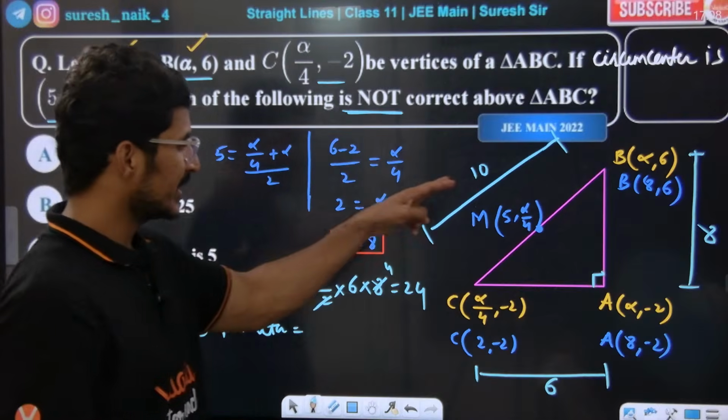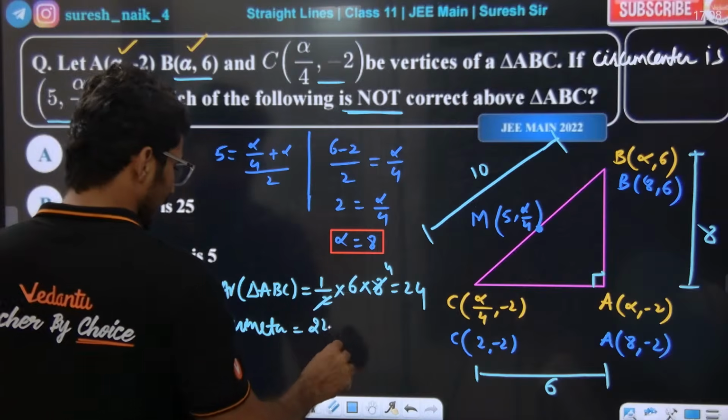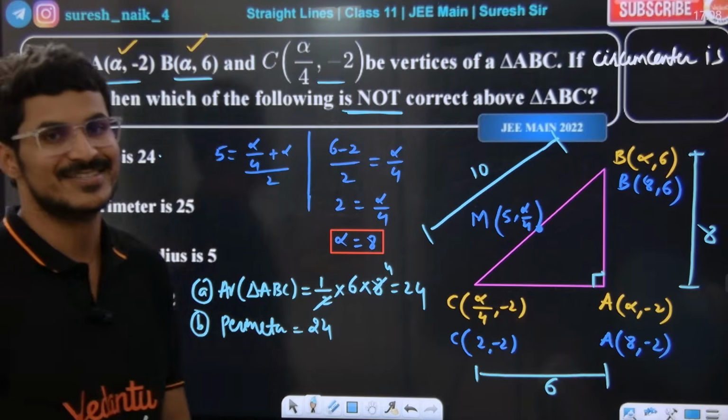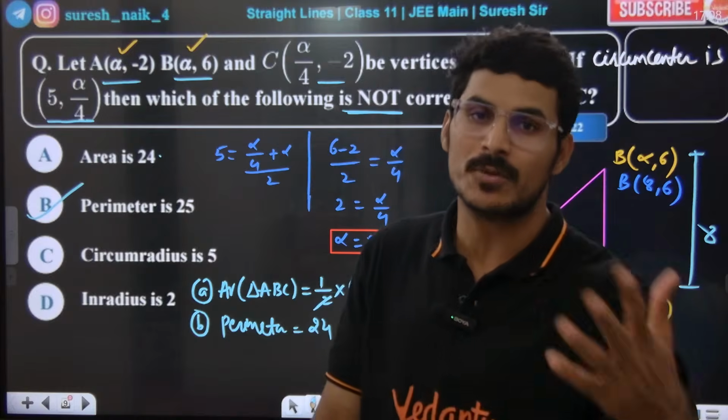Sum of all the sides: 10 plus 8 plus 6, 24. I am getting perimeter 24, but they have given 25. Option B is wrong, so B should be the answer, because they are saying which of the following options is not correct.